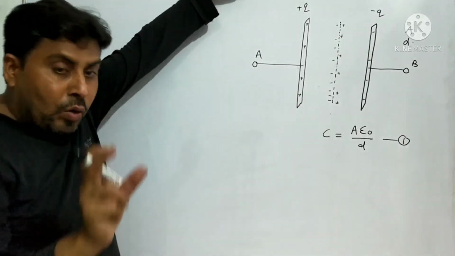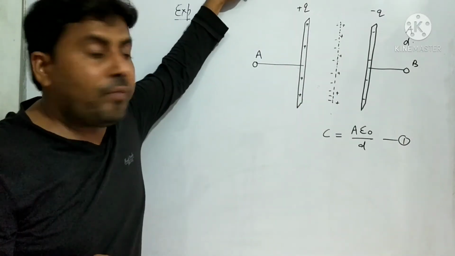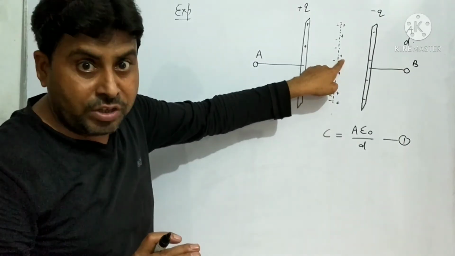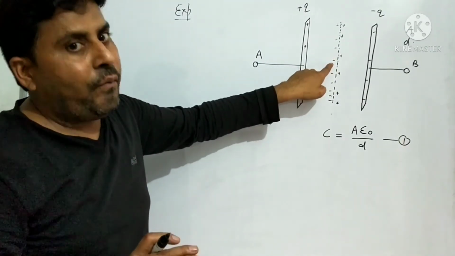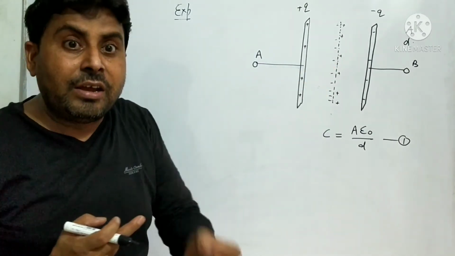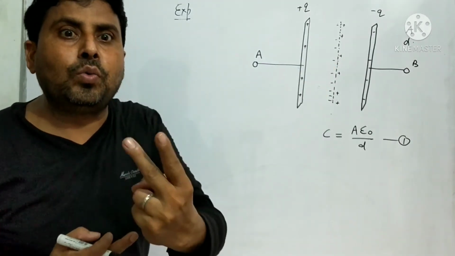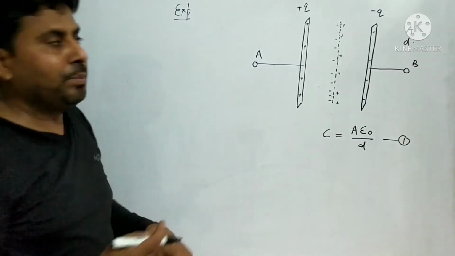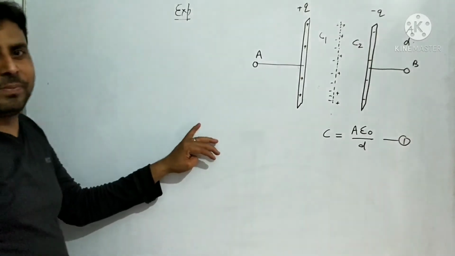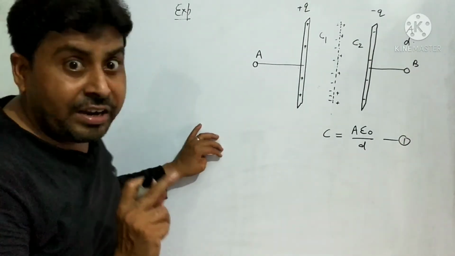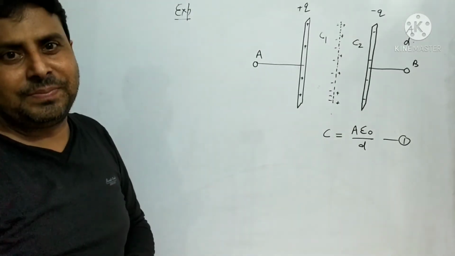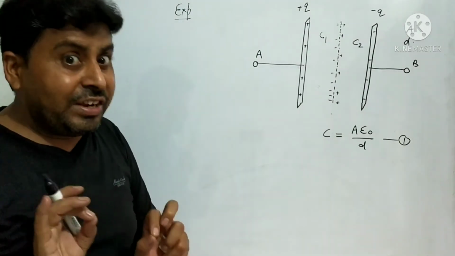So on the surface of the insulating plate, positive charge will be on one surface and negative charge on the first surface. Is it clear? So it will create two new capacitors, the first capacitor and the second capacitor. So we have created two capacitors from the same capacitor.